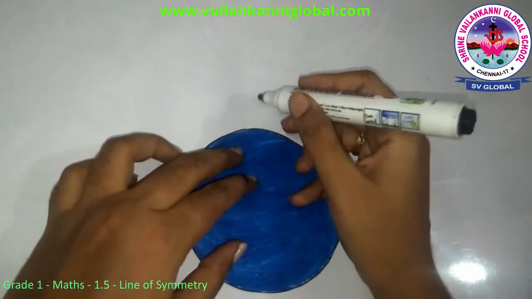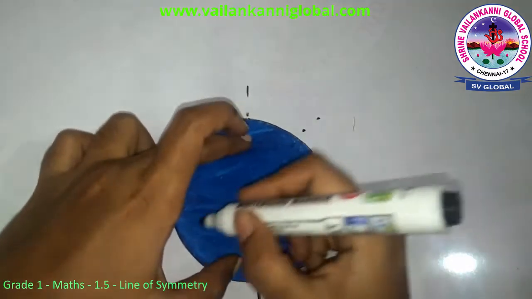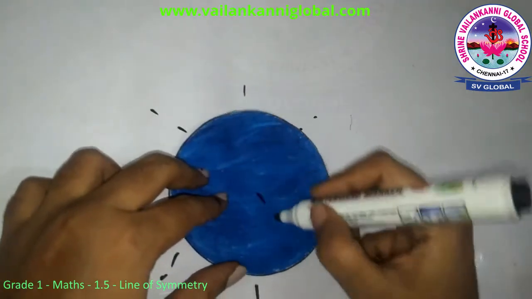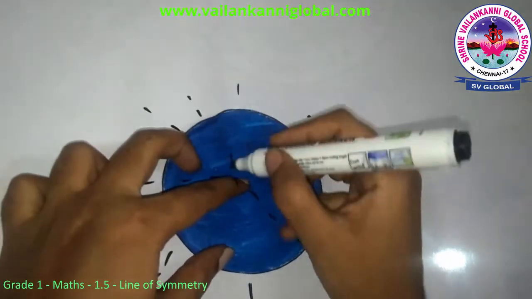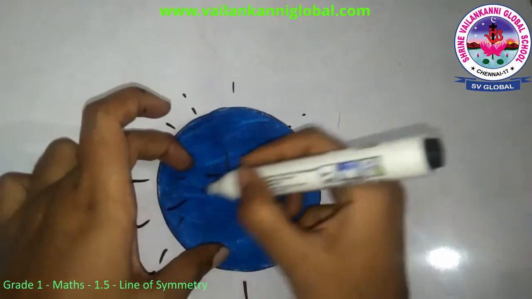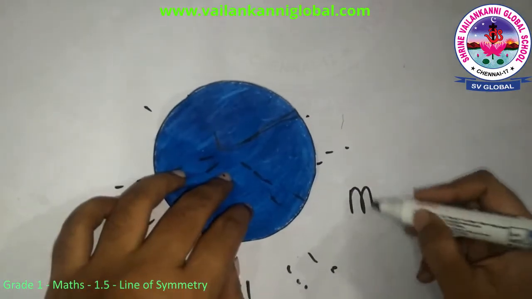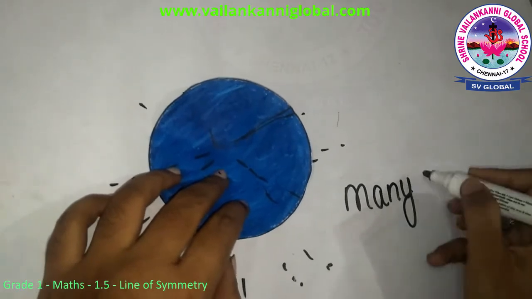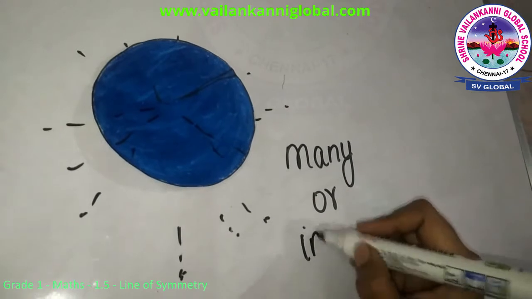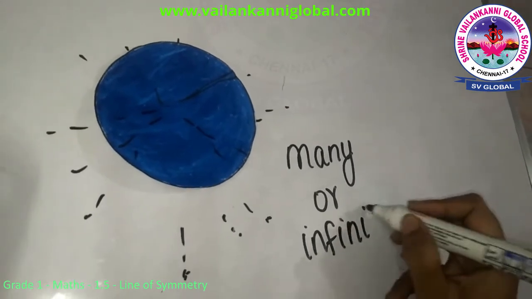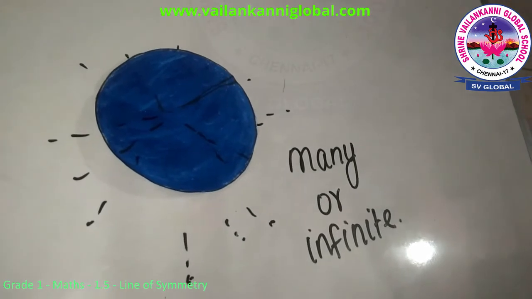You can cut it this way, or this way, or this way, or we can cut it horizontally. So there are many lines of symmetry for a circle. There are infinite lines. Infinite means it goes on. Infinite lines of symmetry are there for a circle.